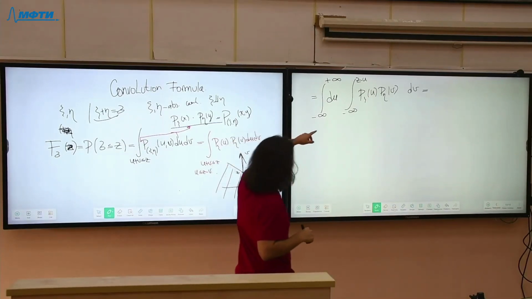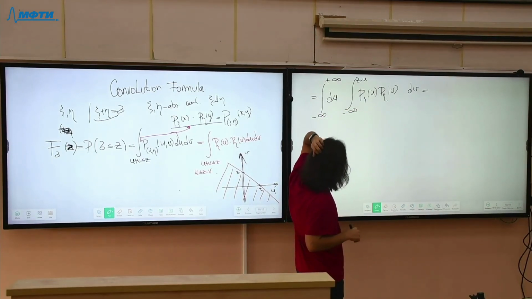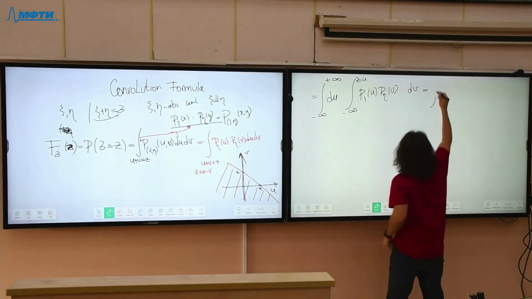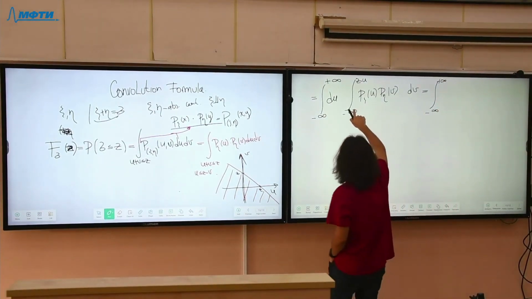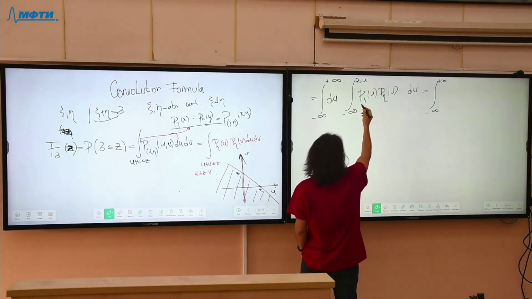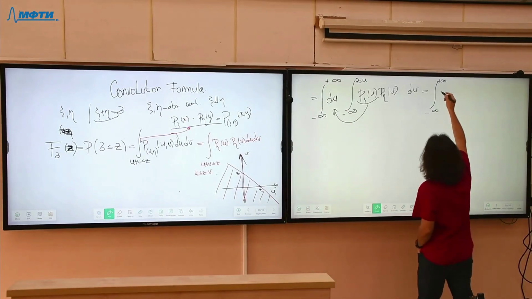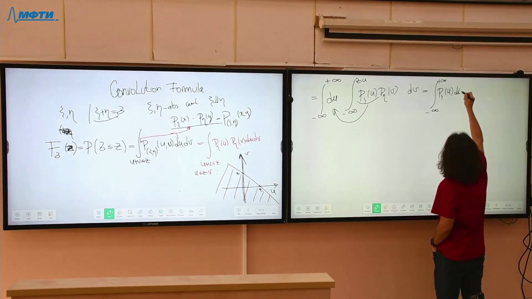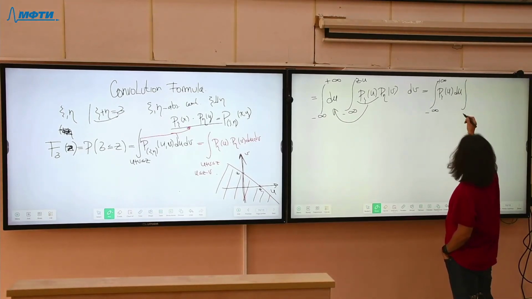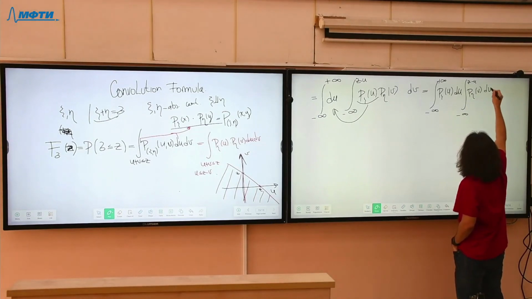So let's look at the following. We have minus infinity to plus infinity here. This function is on u, so we can take it out, right? So this is the PDF of psi at u, du. And here we have the integral from minus infinity to z minus u of the PDF of theta, dv.